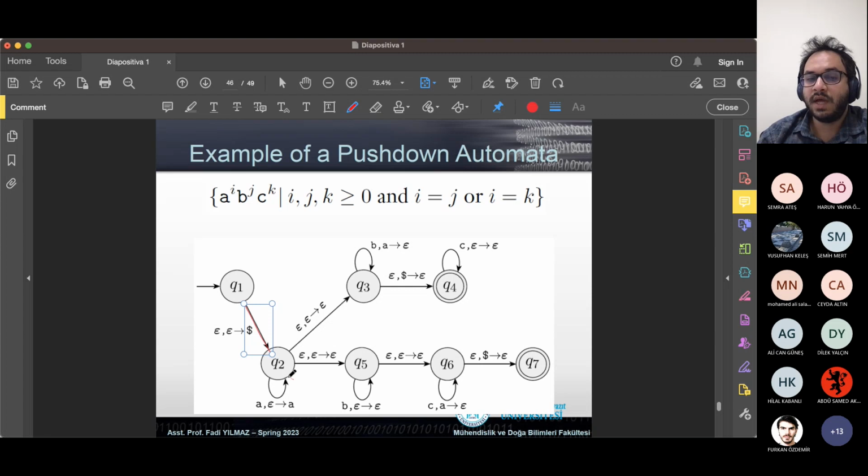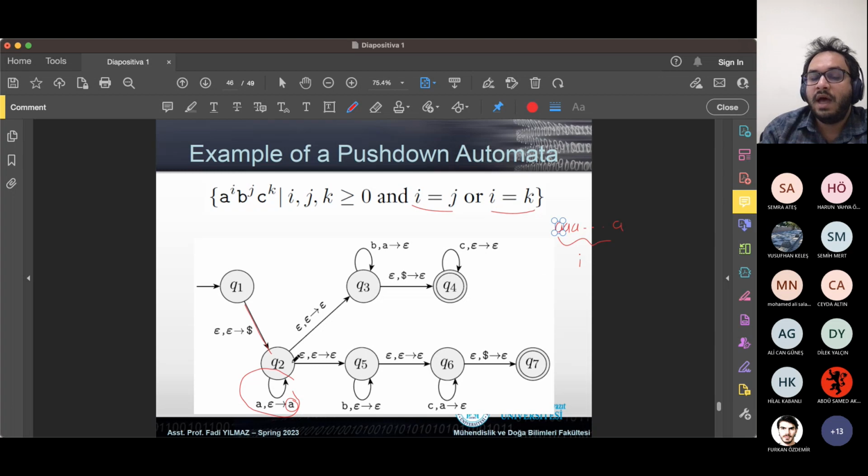And we just need to count how many A's there are, because then we need to see if either the J's or K's are going to be equal to I, right? So by reading A's, when I'm reading an A, I push an A here. The number of A's I push is the same as the number of A's I have as the input symbol.